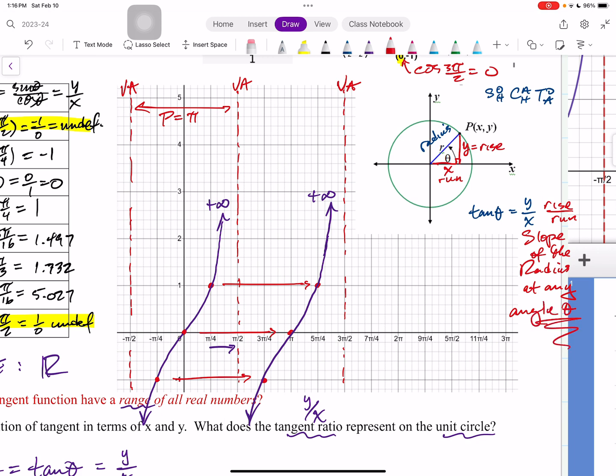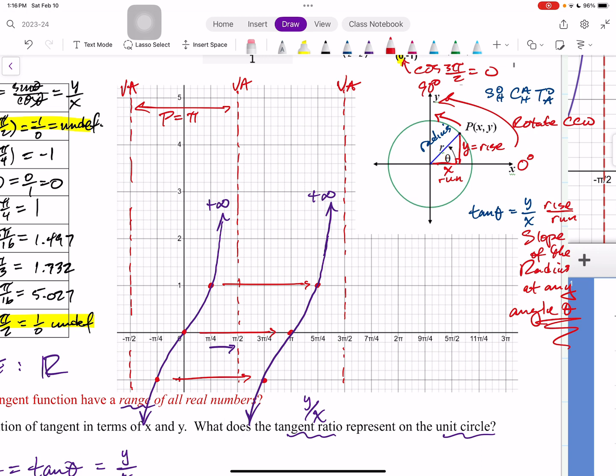So the question is, as theta increases from 0 degrees all the way to 90 at the top right here, rotating counterclockwise, what happens to the slope? Starting at 0 degrees is horizontal, so the slope is 0. You have to visualize this because I don't have an animation here, but if P rotates counterclockwise and theta increases from 0 to 90 degrees, what's happening to the slope?